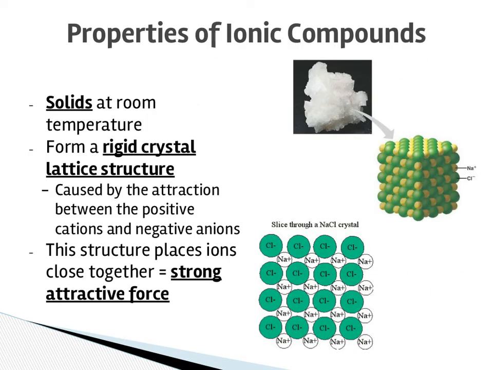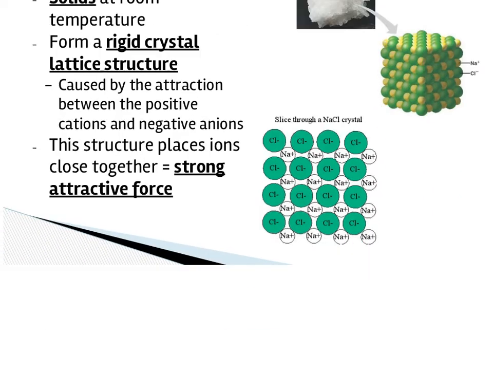So here's kind of what this looks like. I'm going to move this up a little bit. If I have a positive thing, this is Na+, and then Cl-, we've got sodium and chlorine. But when I get a bunch of sodiums and a bunch of chlorines together, they're going to go around.